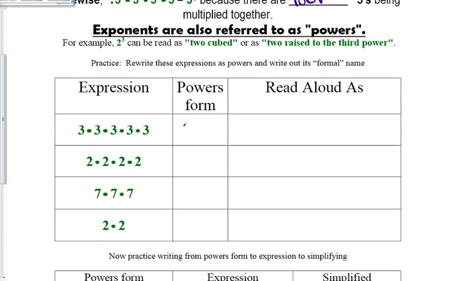With the numbers, as we call these, the base number is 3, since 3 is the number being multiplied. Since there are 5 3's, 5 is our exponent, and we would say this as 3 to the 5th power.